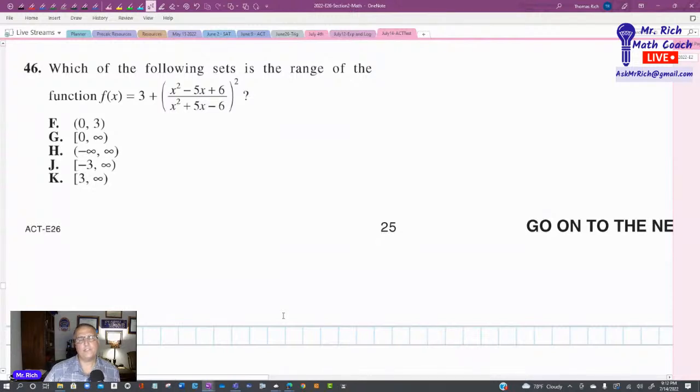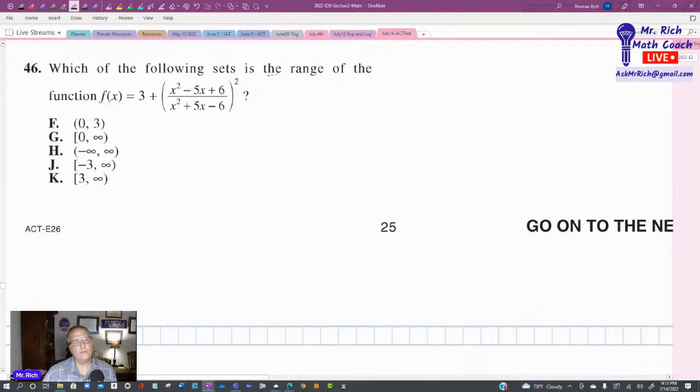For which of the following sets is the range of the function f of x equals 3 plus this whole thing squared? Okay, I need the range of this. Which of the following sets is the range of the function? Okay, so for the y values.